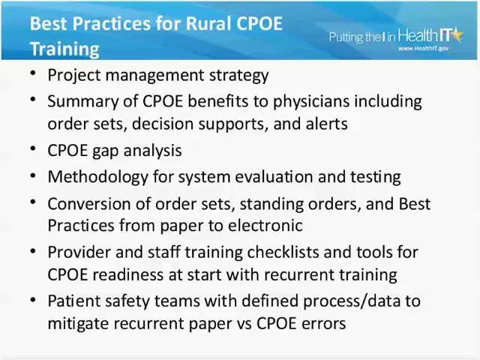evaluation and testing. So we have to take a look at when we're actually making our purchase decision. First off, how are we evaluating these systems and how are we testing these systems? When we're going through the implementation phase and ready to roll out, how are we going to test these systems in a very methodical way, in a way that makes sense and is going to cover every aspect of CPOE within the enterprise?